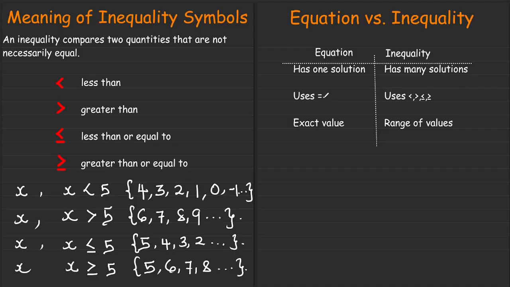An equation also uses just an equal to sign, but an inequality has four of these signs, as we have considered. Then an equation has an exact value. This even links to our first difference here. So it has an exact value, whilst an inequality has a range of values.